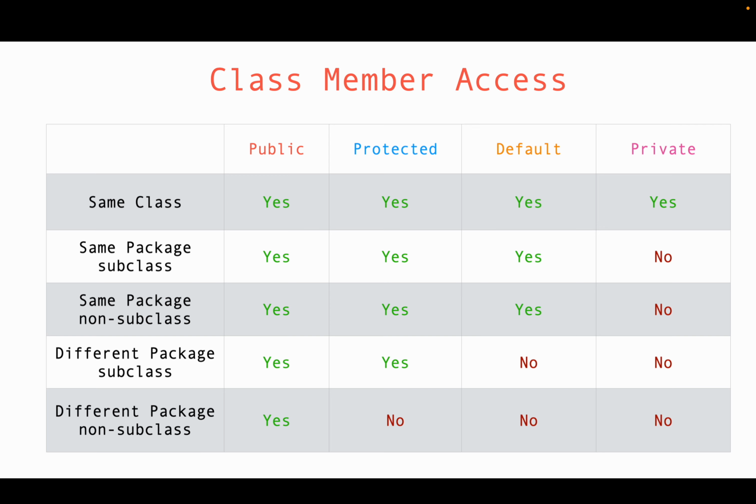Now when it comes to the second case, which is the same package and subclass, we are still in the same package, but now we are not in the same class. Instead we have a subclass which inherits the main class, and this main class contains the variables and we are trying to access the variables inside the subclass. Although we are in the same package, because we have a subclass, private behaves in a different way.